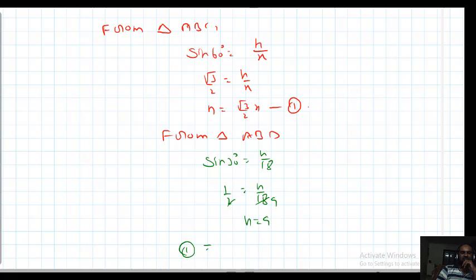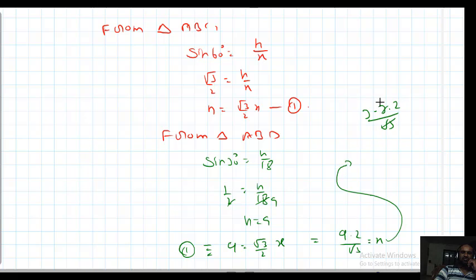Take first equation now. So h equal 9, 9 equal to root 3 by 2 x. So 9 into 2 by root 3 equal to x. You need to rationalize now. So 3 into 3 into 2 by root 3, root 3 times 6 root 3. 6 root 3 equal to x.